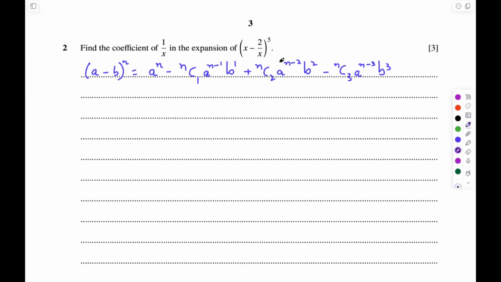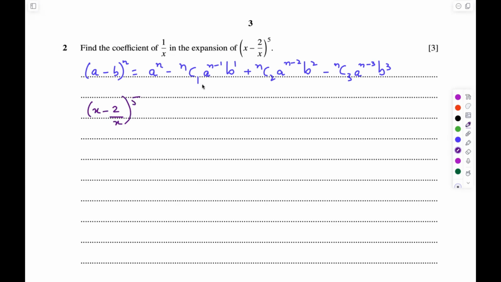Now we can try and figure out for which expression we'll get a coefficient of 1 upon x. This means that we need the power of x in the denominator 1 more than in the numerator. Now, either we can try and guess which one of these it will be, or we can figure it out. So we know that the expression is (x minus 2 upon x) to the power 5.